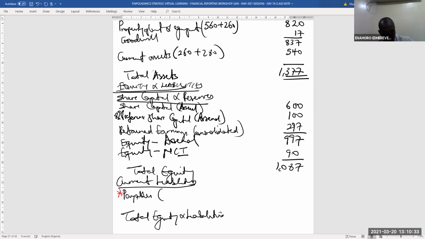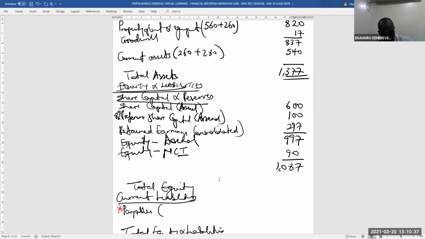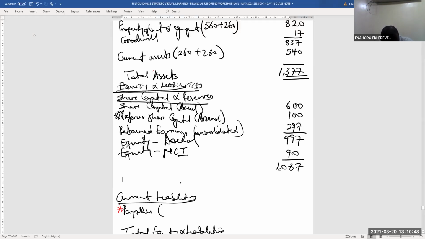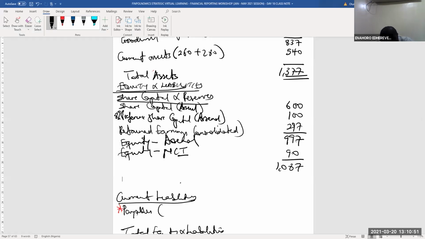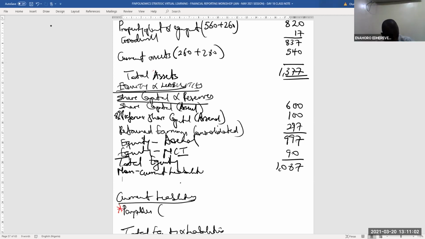This is total equity. Non-current liability, debenture.